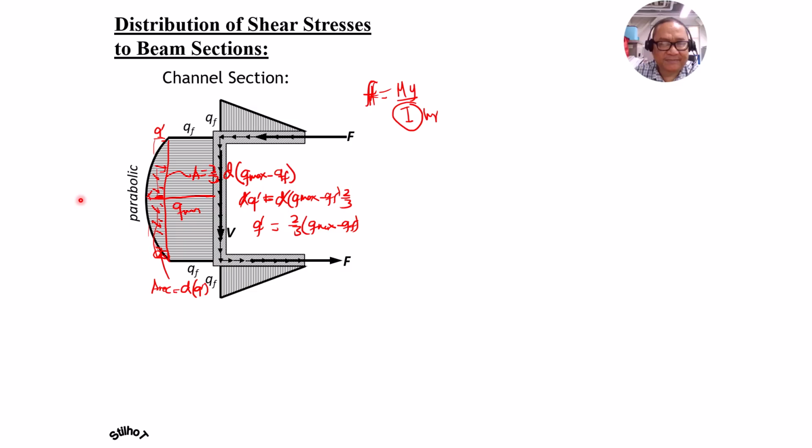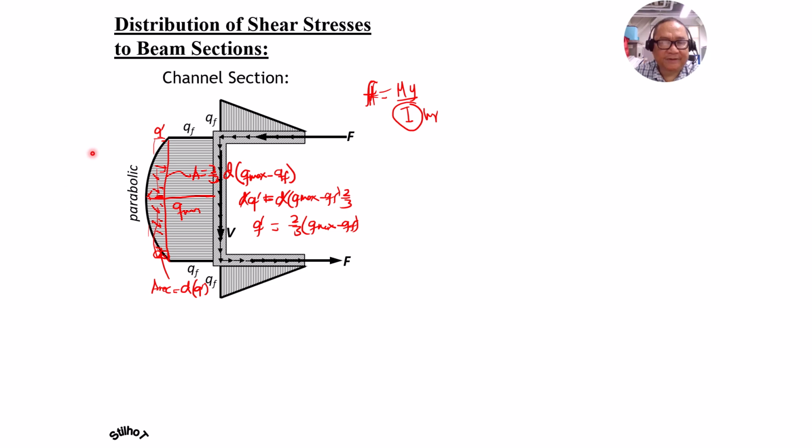Then take note that the centroid of the parabolic part, from the vertex, is 2/3 of the height of the parabola. Since the height of the parabola is Qmax minus QF, then 2/3 of that is the distance from the vertex to that point.